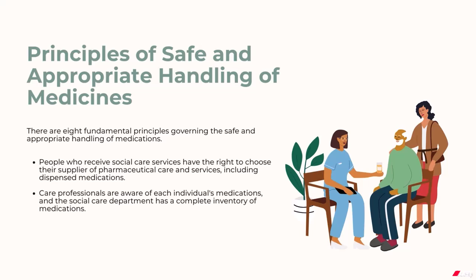People who receive social care services have the right to choose their supplier of pharmaceutical care and services, including dispensed medications. Care professionals are aware of each individual's medications, and the social care department has a complete inventory of medications.